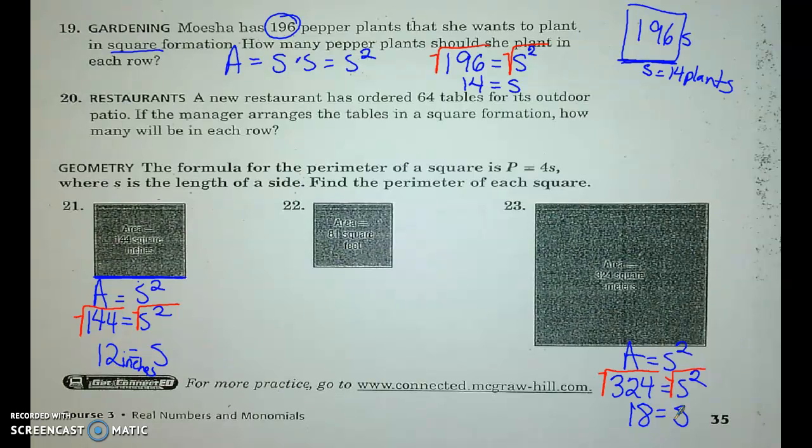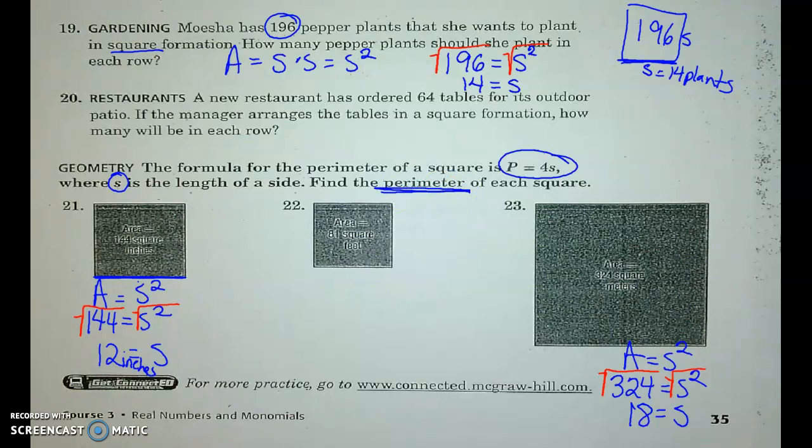Now, we need to go back because actually now that I look at these directions, we have one more thing that we need to do real quick for 21 and 23. It says up here that the formula for perimeter is P equals 4S. So we have to find the S, and then we have to find the perimeter.